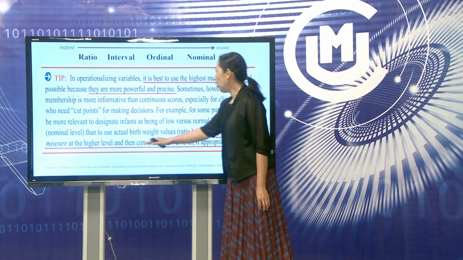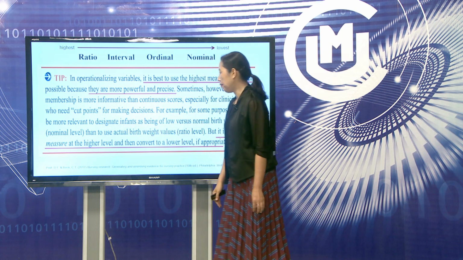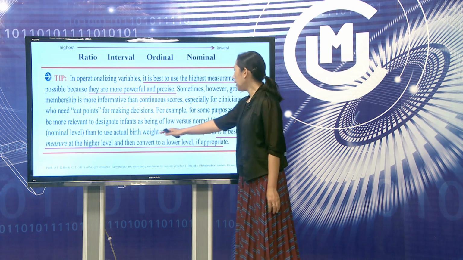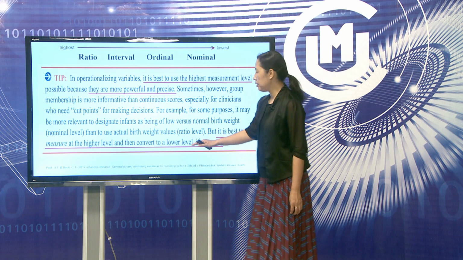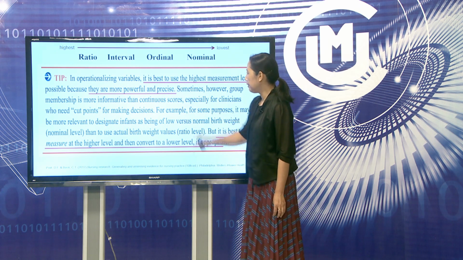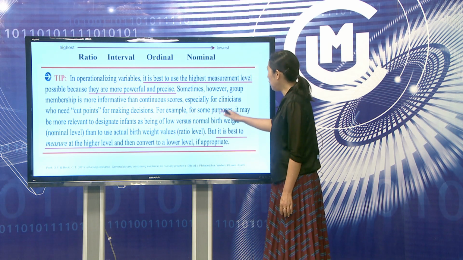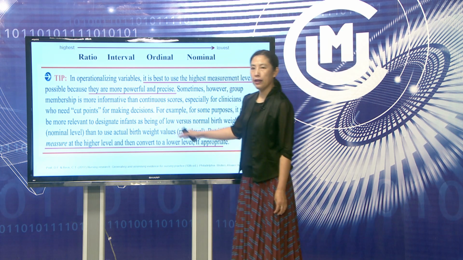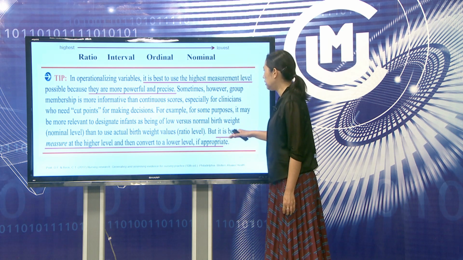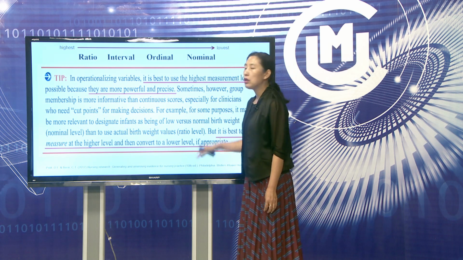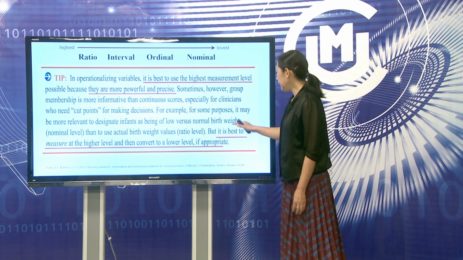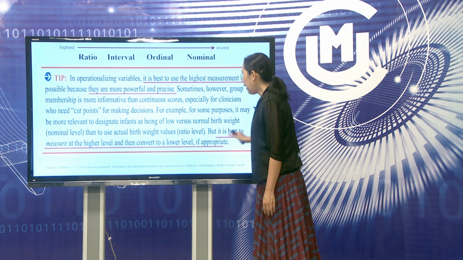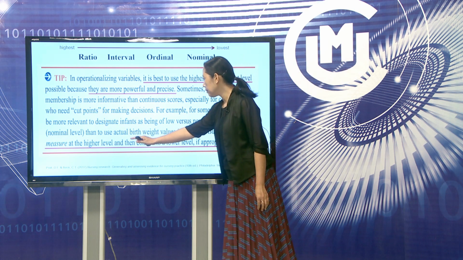So now you change to the nominal level, rather than use the actual birth weight value. Actually, birth weight value is the ratio level, the highest. But in this situation, the nominal level is much better to compare whether the infant is low weight or normal birth weight. But remember, you should measure at the highest level.